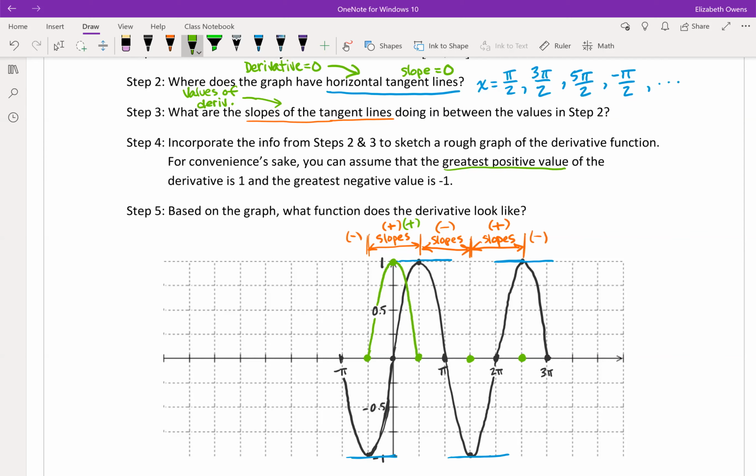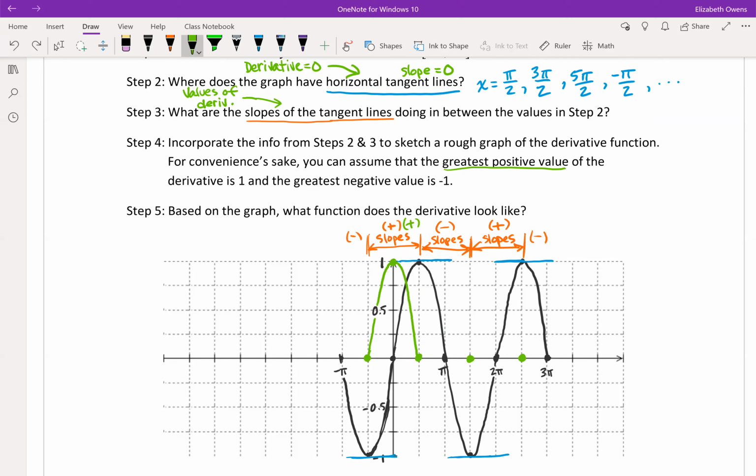So you might see the idea there. Start out small positive, increasing positive value. We hit our largest positive tangent line slope, and then the slopes start decreasing again, less and less steep, but still positive until we get back to 0. Kind of a lot going on in just a little segment there.